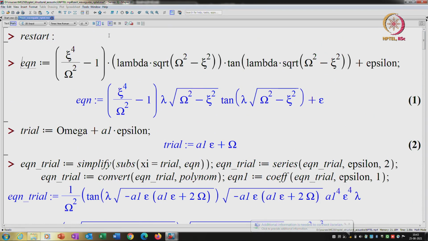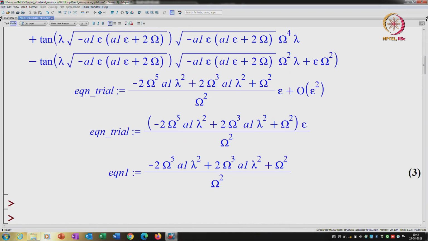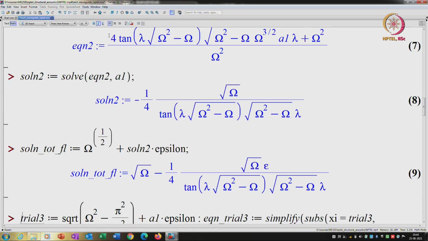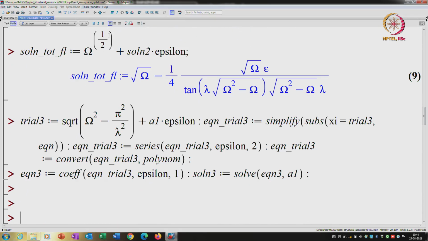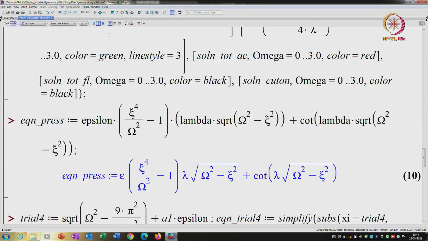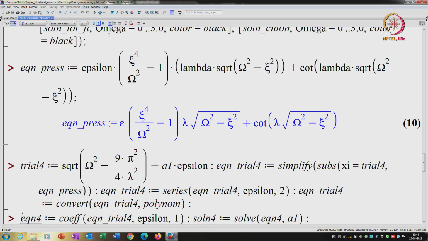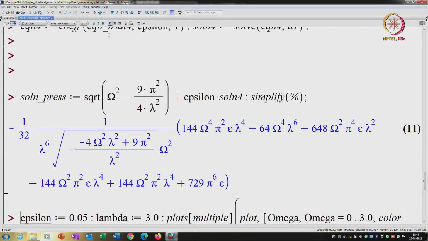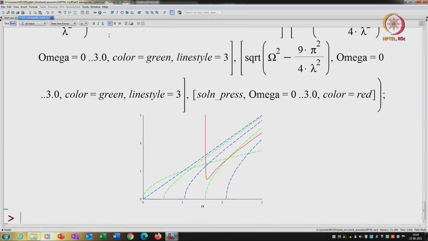For this case these are unimportant, but I need to restart the program. I will do the calculation but not plot it. I have chosen the second pressure release, so we will see that here, and that is how it looks.